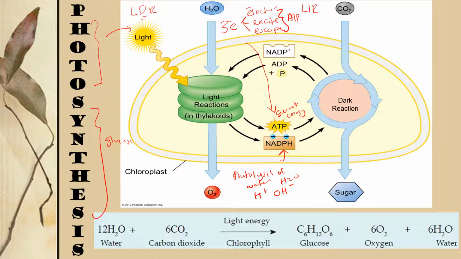Later, after these events happen in the light dependent reaction, they are used in the dark reaction, or light independent reaction, to synthesize sugar. ATP and NADPH will be used in the sugar production, in the presence of carbon dioxide. I will explain in more detail in the next slide.